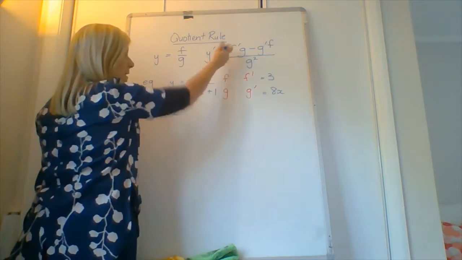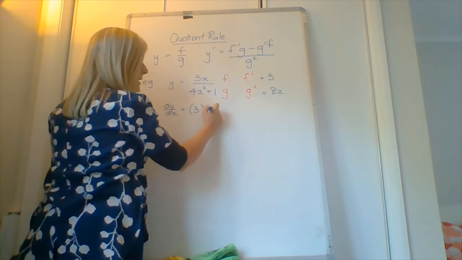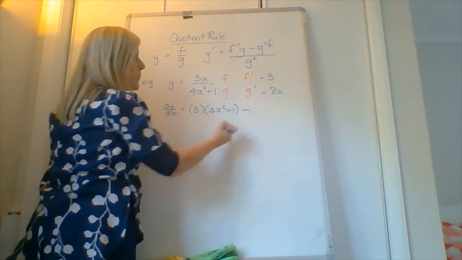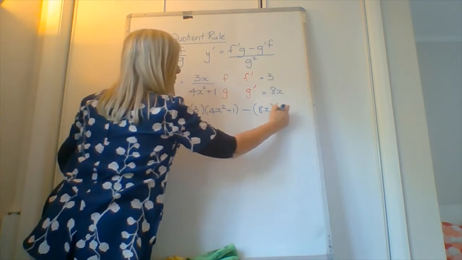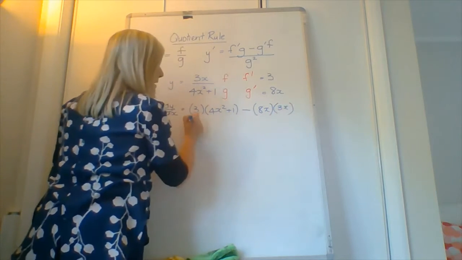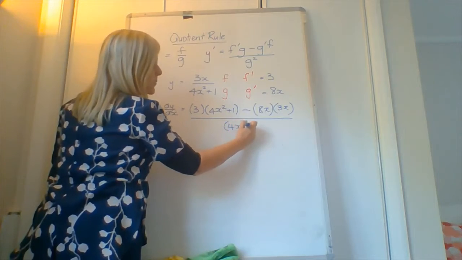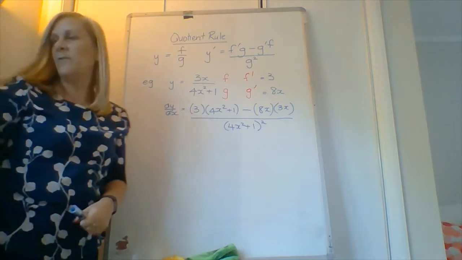Okay, so putting it together, f dash in brackets all the time, g in brackets 4x squared plus 1, minus, in brackets, g dash 8x and in brackets f 3x, and all over g, 4x squared plus 1 squared. And we will leave it there, guys.